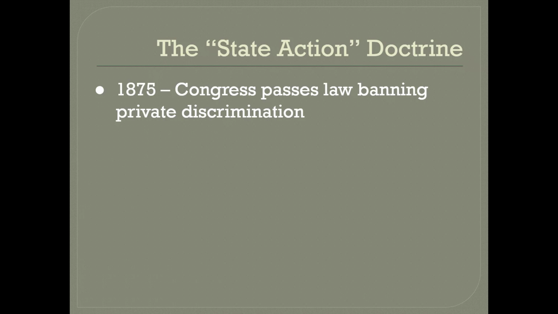It banned discrimination in various kinds of businesses, including theaters, inns, like motels, although they didn't have motels, but inns, places of public amusement, and so on and so forth.